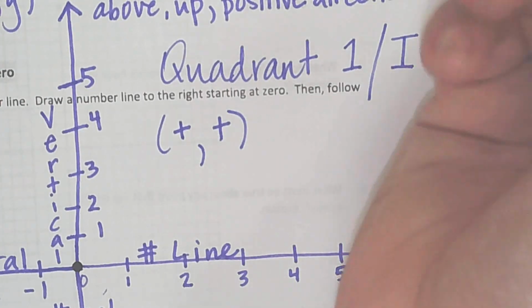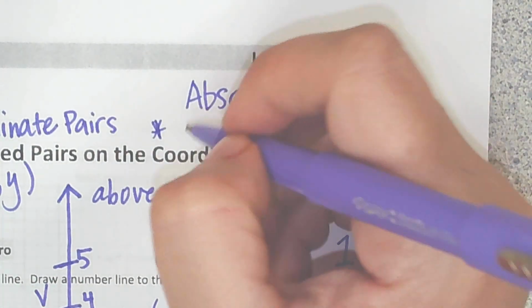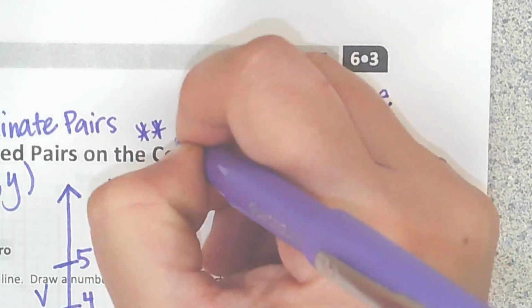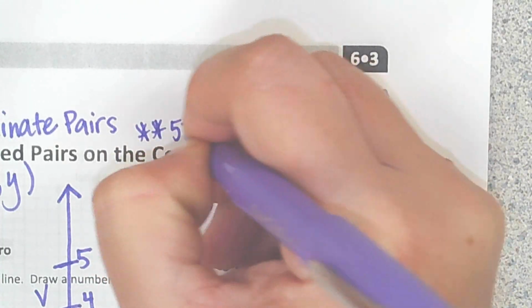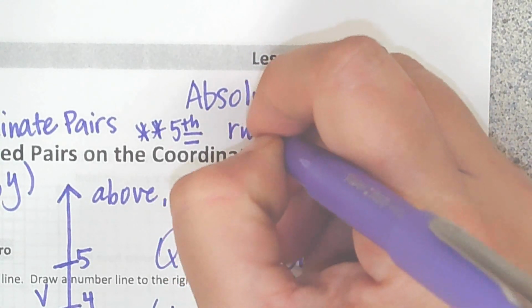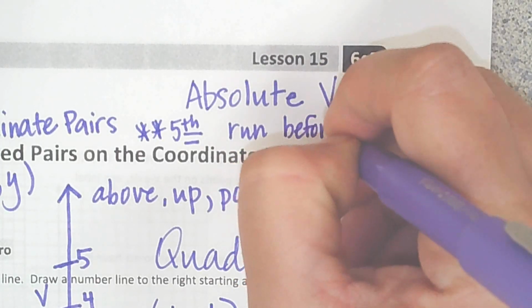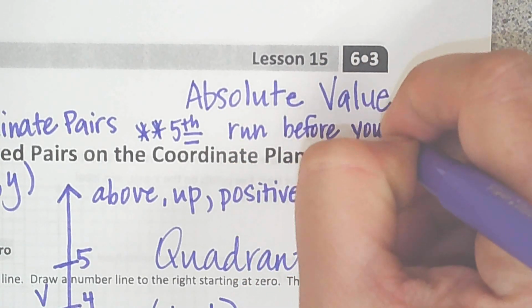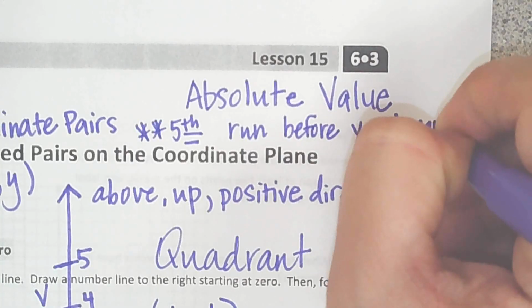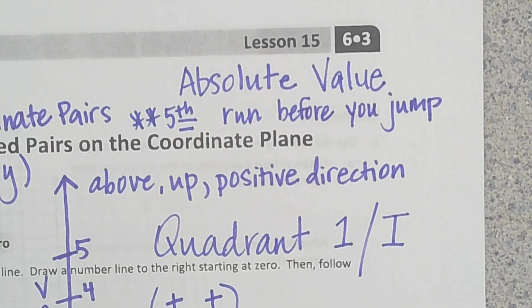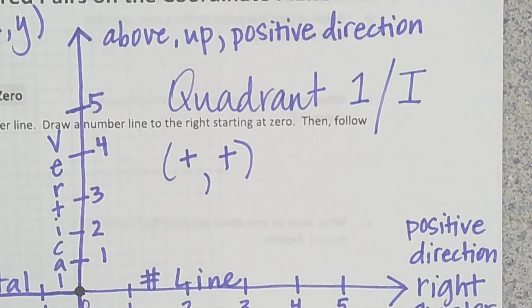Some of you are like, I can't remember which one comes first. Well, last year, Miss Denise, back in 5th grade, told you about the run before you what? Before you jump, right? Okay? We can still apply that, okay, to help us remember.